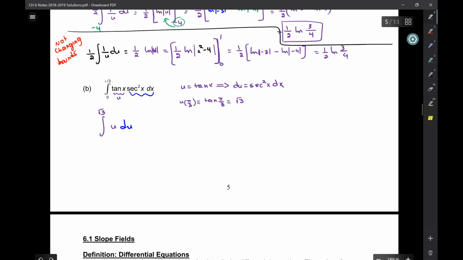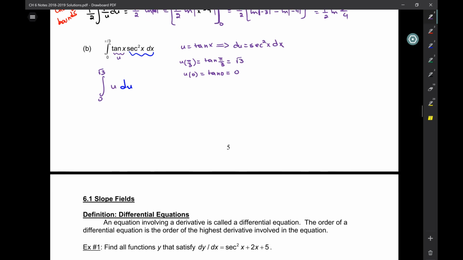U of 0 is tangent of 0, and how much is that? 0. Okay? Now I integrate. So tangent is sine over cosine.